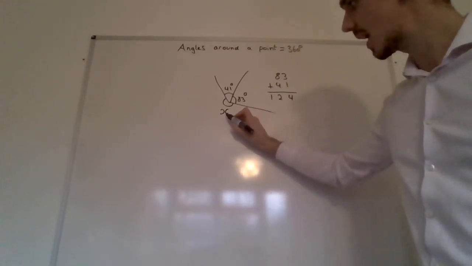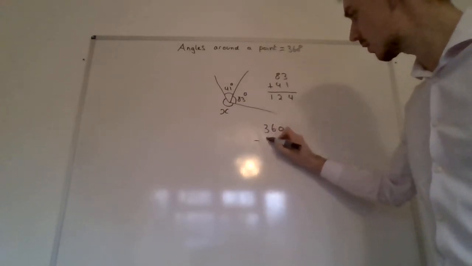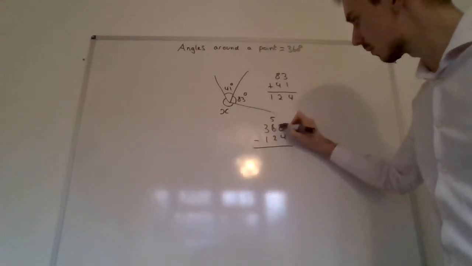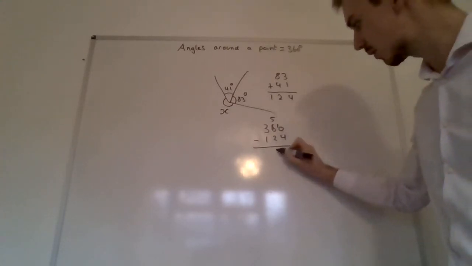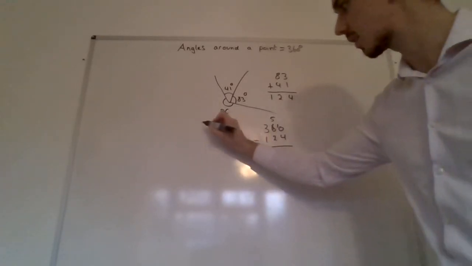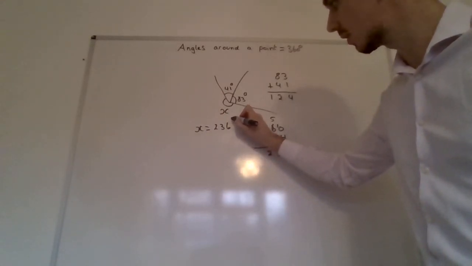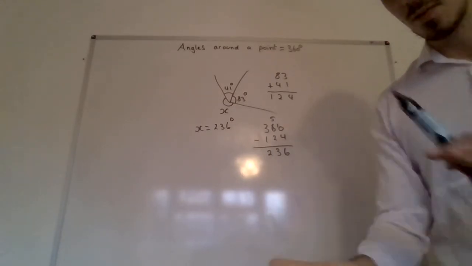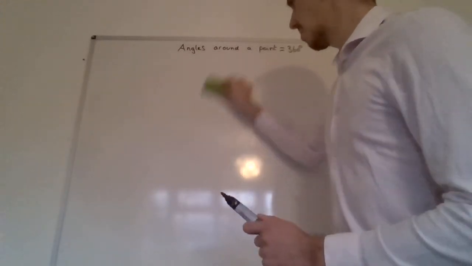So then to find x, it's going to be 360 minus 124. 10 take away 4 is 6. 5 take away 2 is 3. 3 take away 1, 236. So x equals 236 degrees.